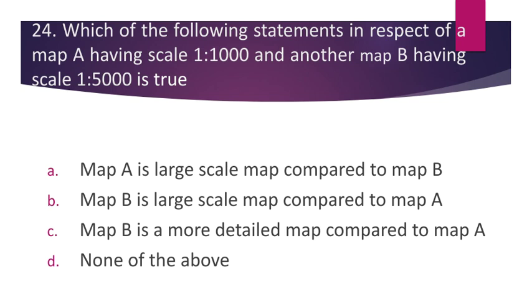Map A has scale 1:1000 and map B has 1:5000 scale. So map A is large scale map as compared to map B. Option A is the correct answer.